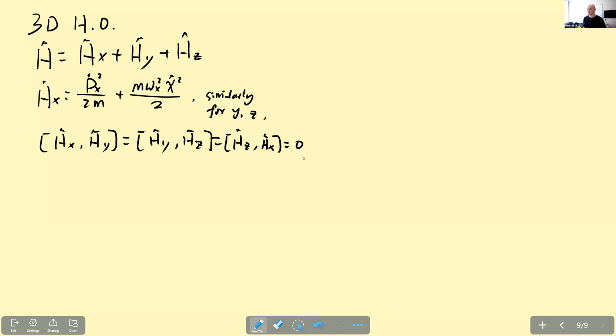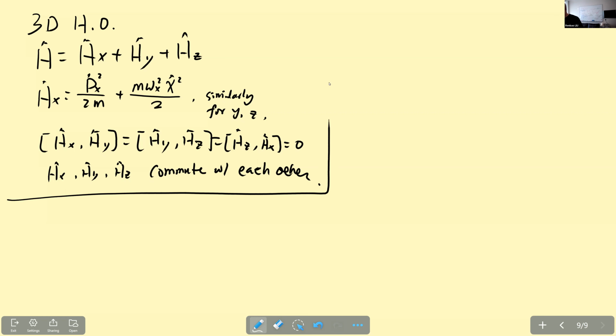So that means h_x, h_y, and h_z commute with each other. Right, so this is the fact. And so we can solve this problem by separation of variables.